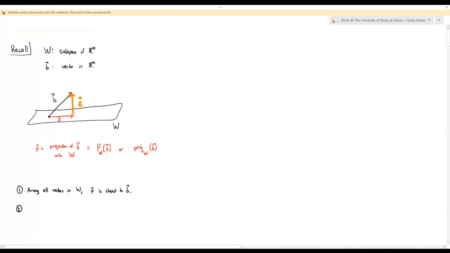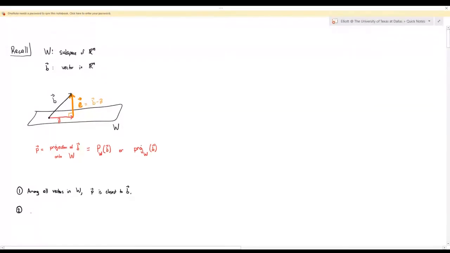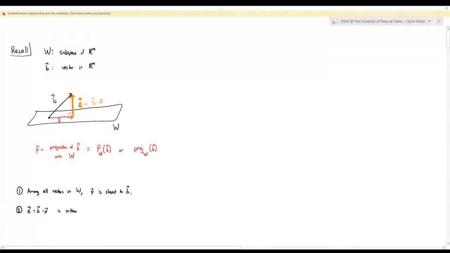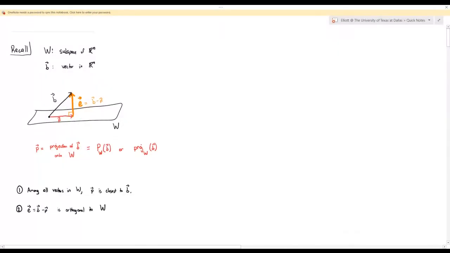And it's equal to the difference B minus P. So this error vector makes a right angle with the subspace W. So you can see that this error vector is orthogonal to the subspace W. More precisely, you can say it's orthogonal to every vector in W. Okay.